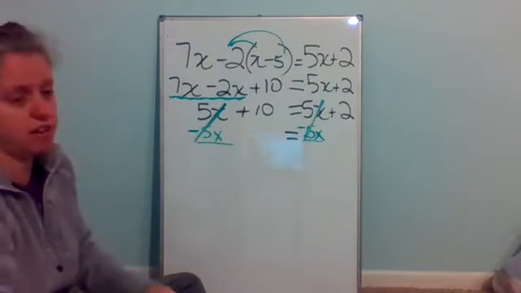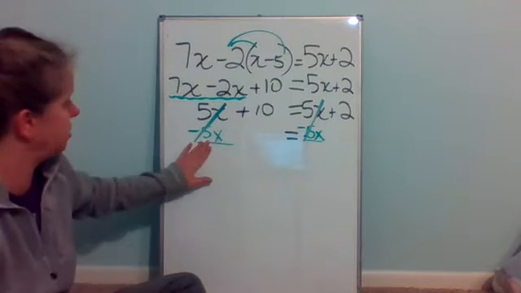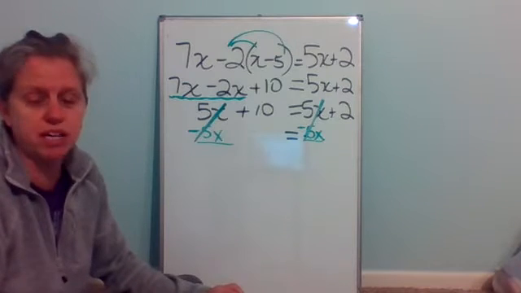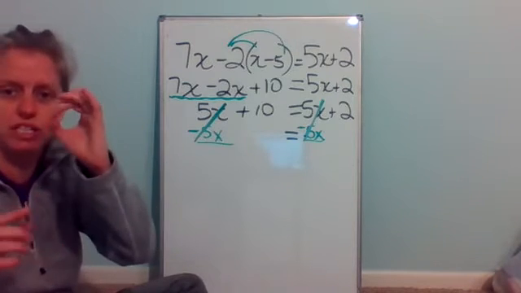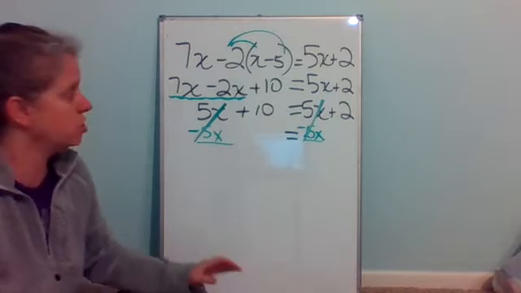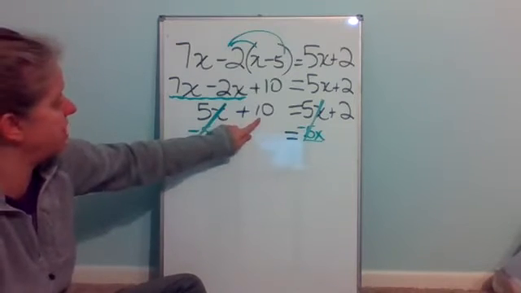So then one of two things is going to happen. If all your x's cancel like this, your answer is either going to be no solutions, the null set, which is the 0 with the little line through it, or it's going to be all real numbers. It just depends on what you have left.